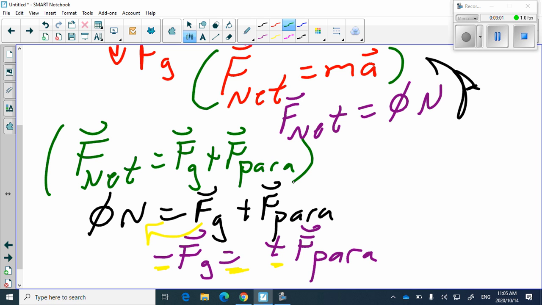That F net comes in 2 forms: F net equals ma, and F net is the sum of all forces. Look how powerful it is. Just with a little bit of math down here, I was able to solve the problem.